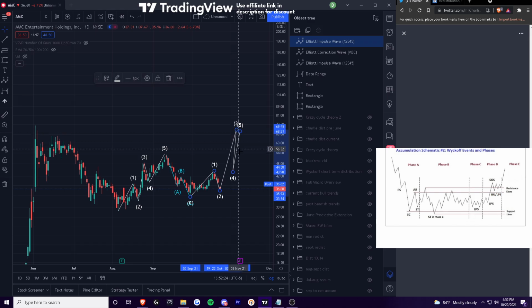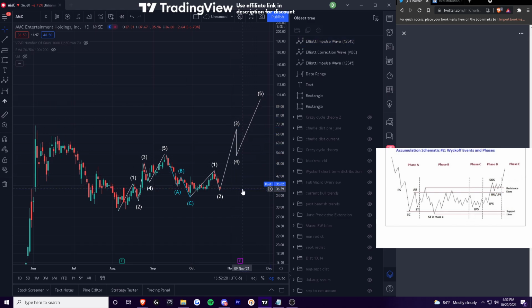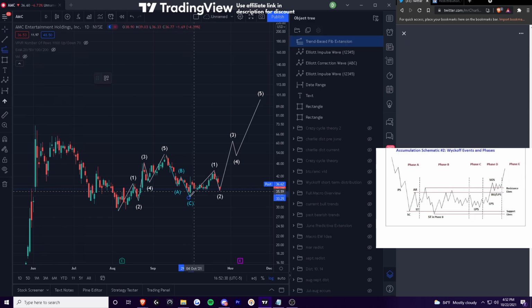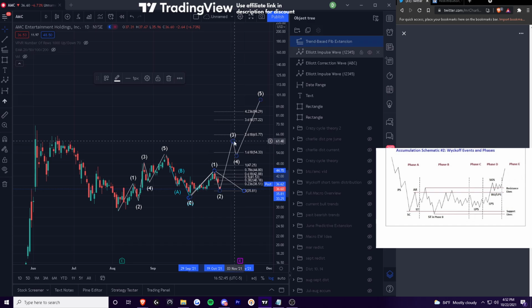This would be wave 3 of wave 3, so it would have to be a pretty explosive move, I would imagine. This is an if, right? This is not me saying that this is what's going to happen, okay? Let's do a fib extension and see what kind of levels we could expect.